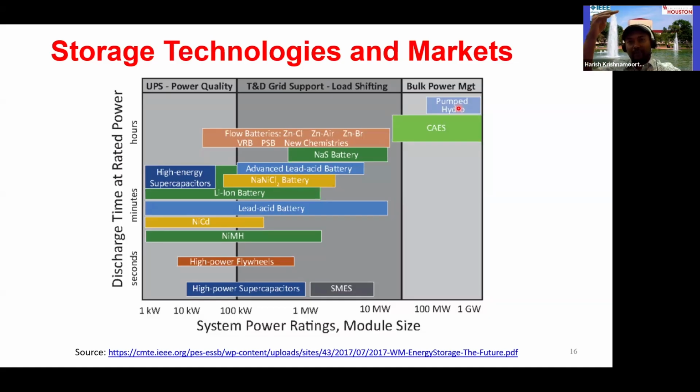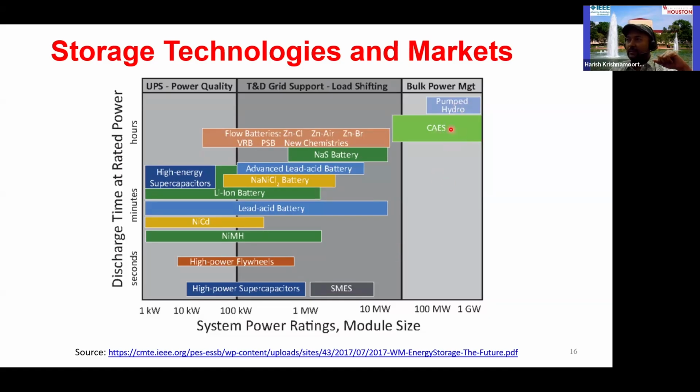Then we can use that pumped water later to produce energy. So if there is excess energy, you can pump the water up, and then when we need that energy, we can use the potential energy to make electricity. But it cannot be ramped up very fast, and there are other disadvantages to it.